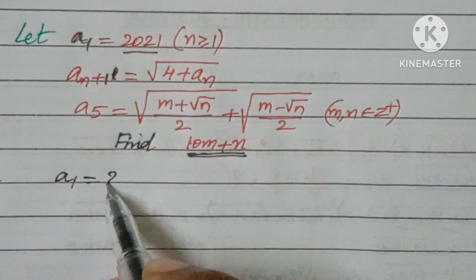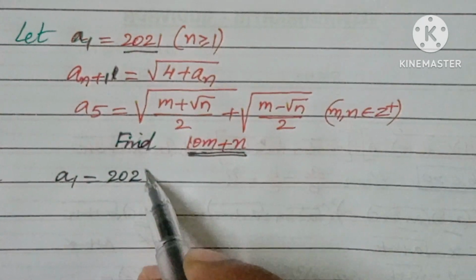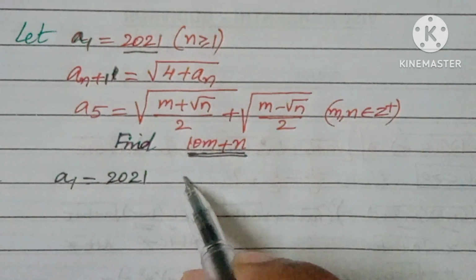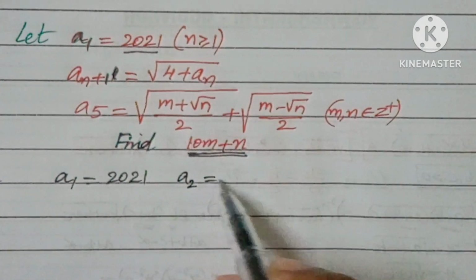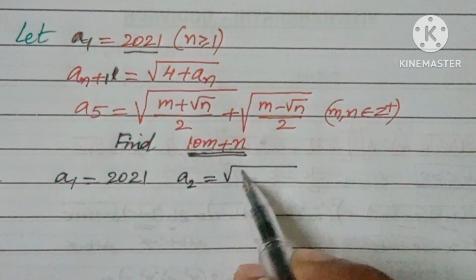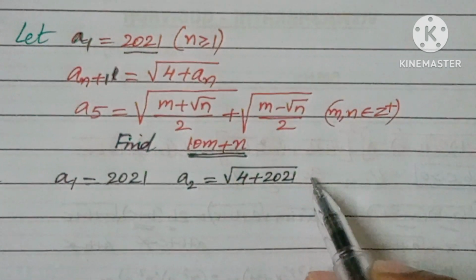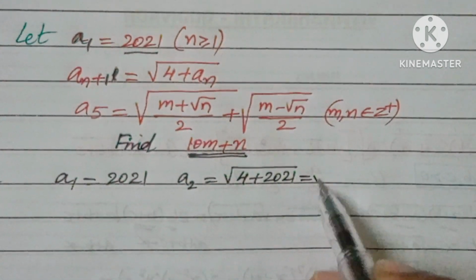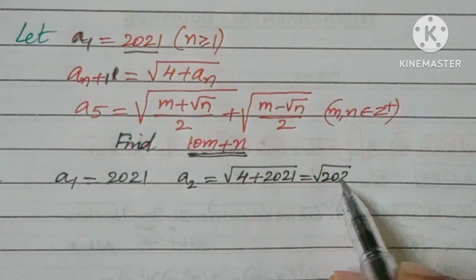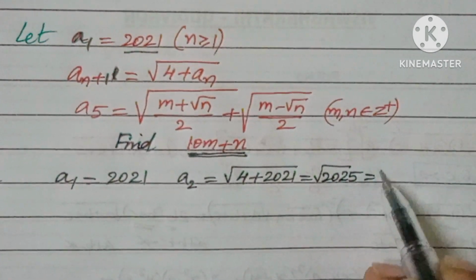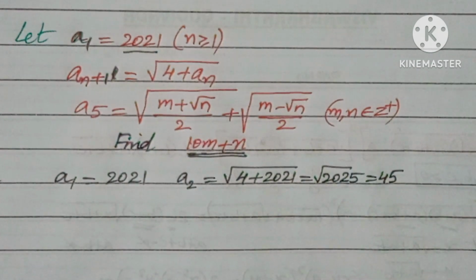a1 is equal to 2021 now, and a2 will be square root of 4 plus 2021. According to the condition, you will get square root of 2025, which is 45.